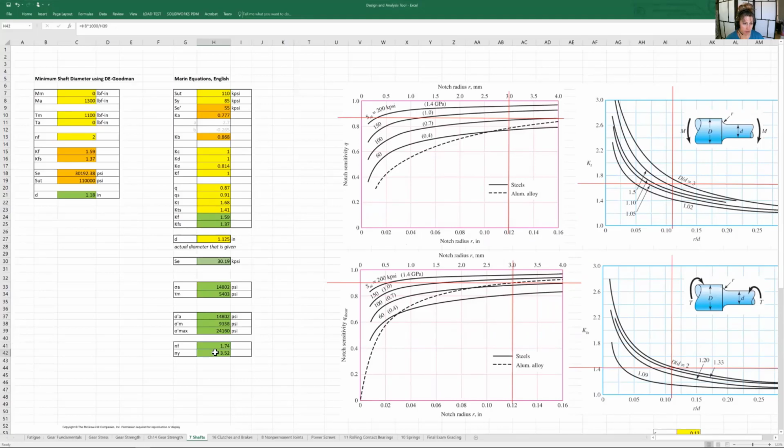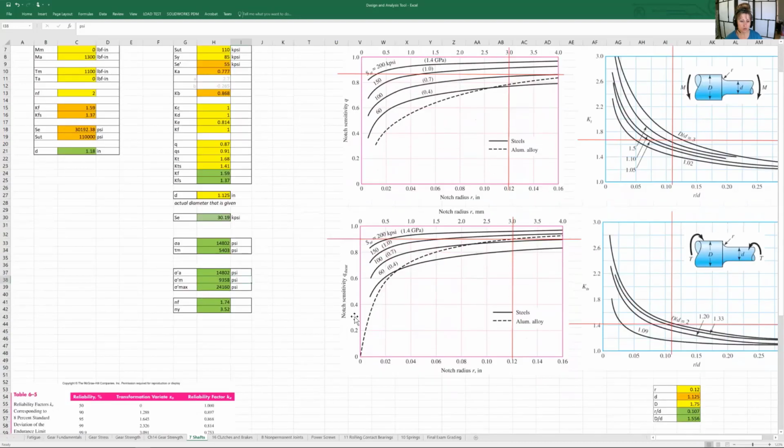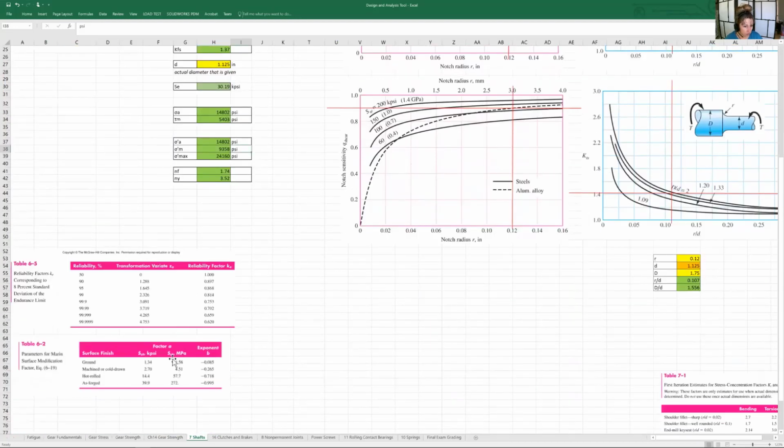So here are some potential pitfalls. Remember that we have our sigma prime A and sigma prime M in PSI because that followed nicely from the way that we entered in the moment and the torque. But we entered in the ultimate strength as KSI because to read the Q and to figure out the notch sensitivity, we had to have SUT in KSI.